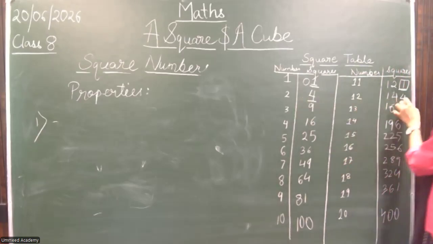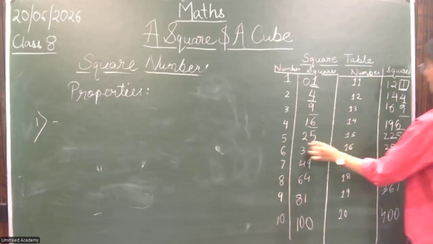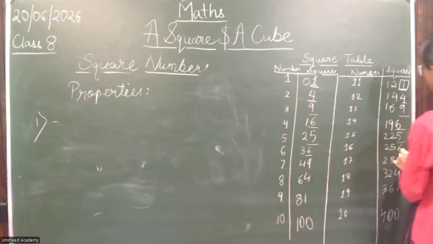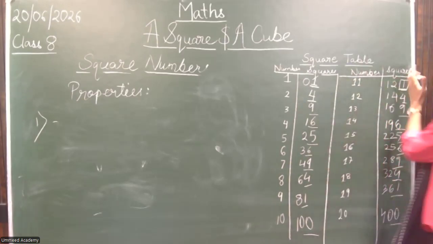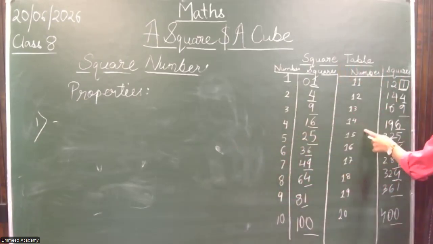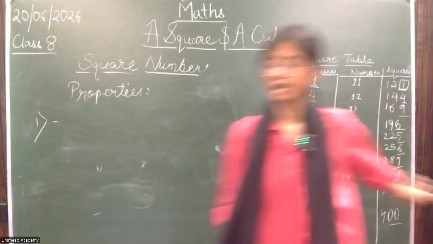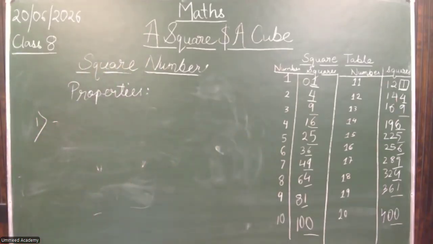Likewise 4 and 4, 9 and 9, 6 and 6, 5 and 5, 6 and 6, 9 and 9, 4 and 4, 1 and 1, and 0 and 0. Did you notice the pattern, that the unit place digits keep repeating as we go upwards through the numbers? Did you understand the pattern? Yes, ma'am.